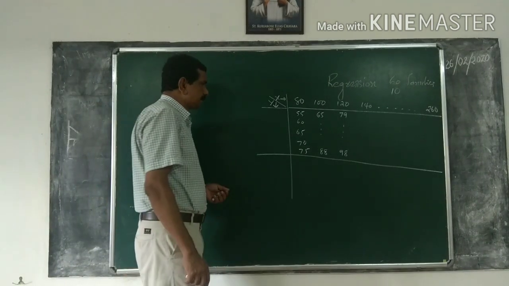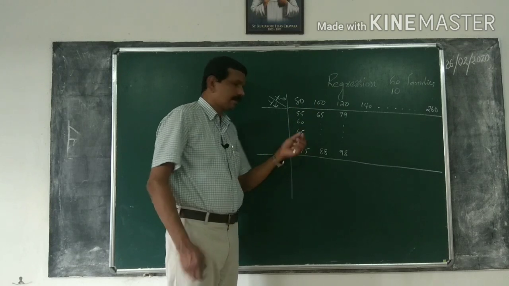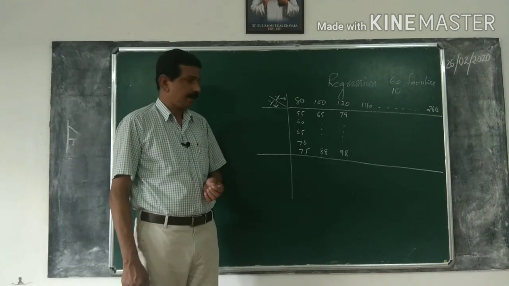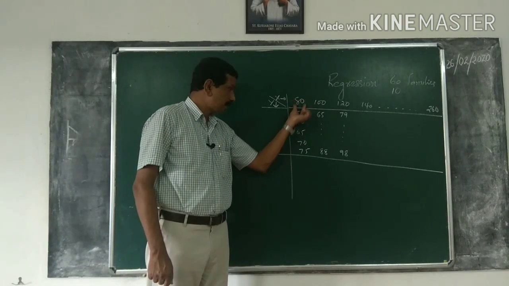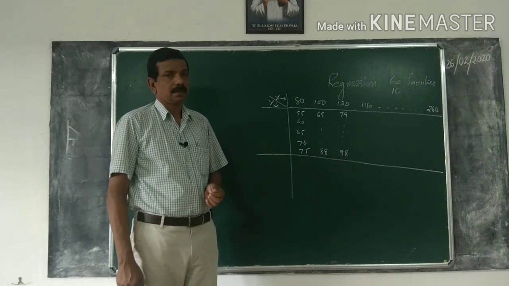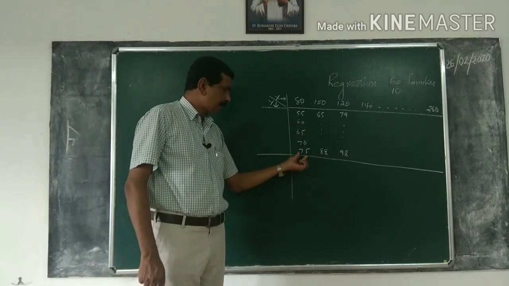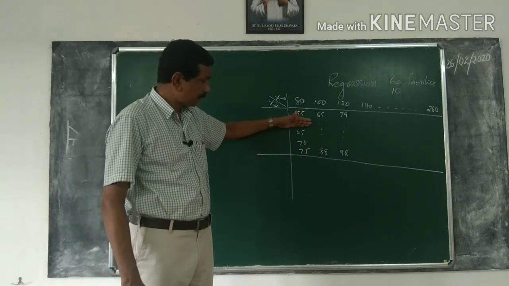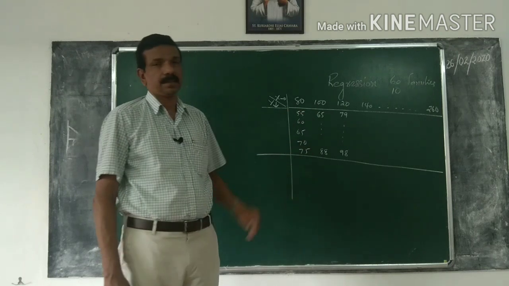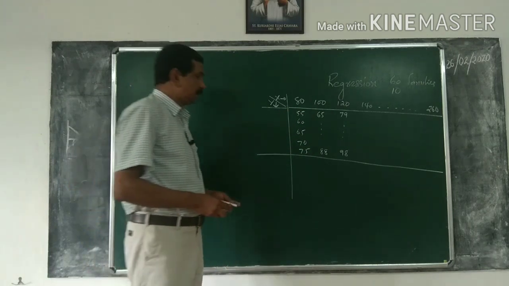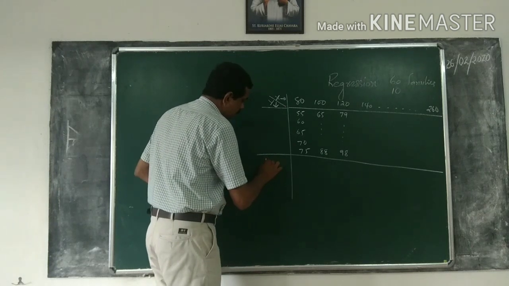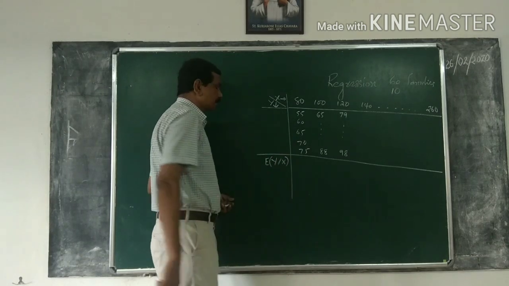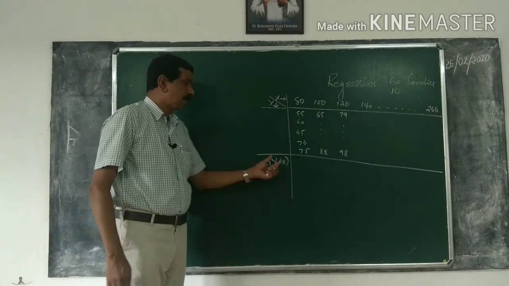Now suppose that we calculate the average consumption of families with a monthly income equal to 80. We simply add together these numbers and divide by 5, because it is assumed that in the first income group there are 5 families. Now this quantity is written as expected y given x.